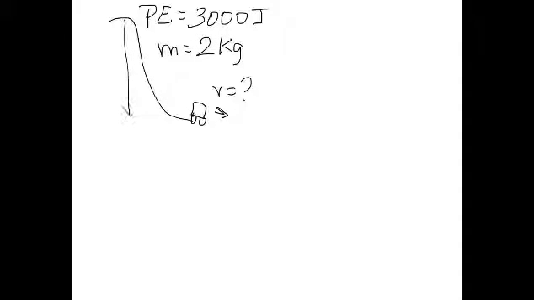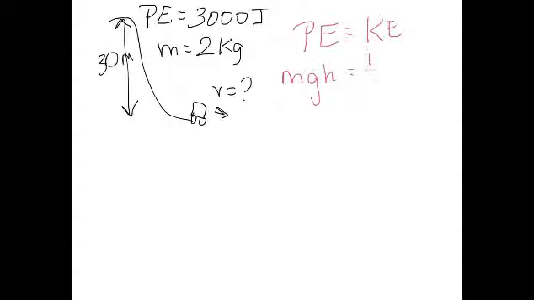And let's say our hill is 30 meters tall. So we know potential energy equals kinetic energy. So mgh equals 1/2 mv squared.